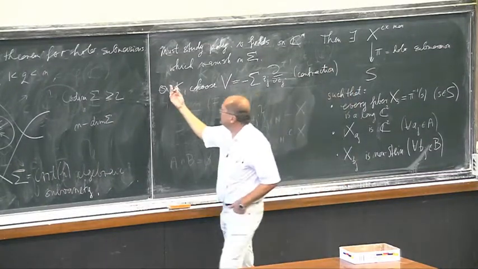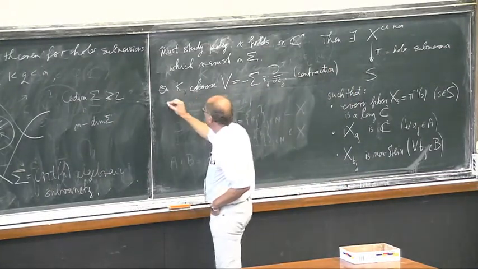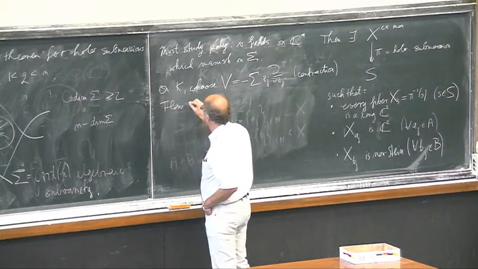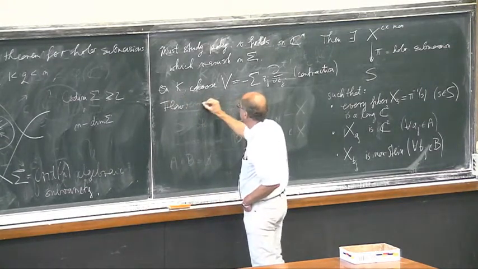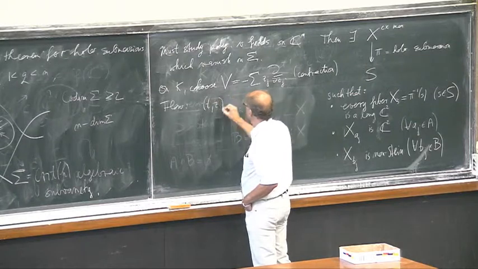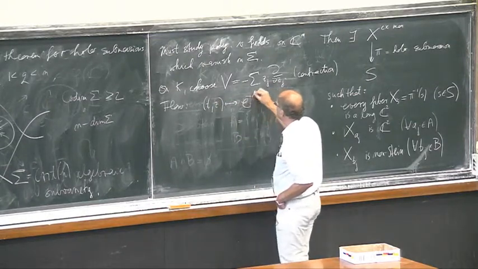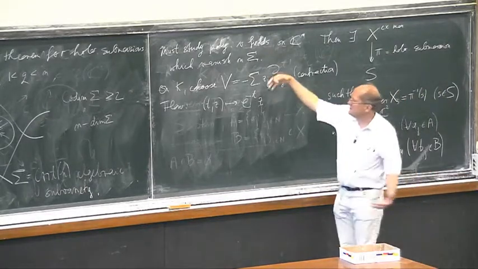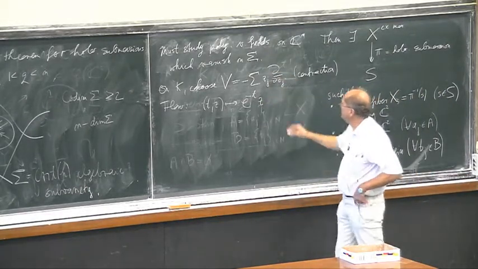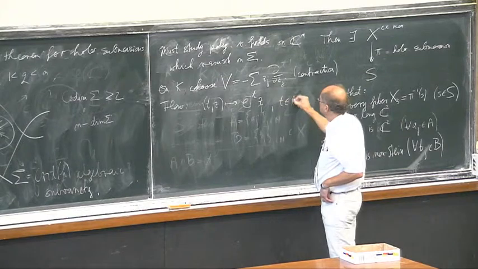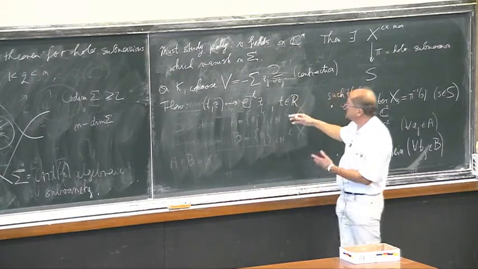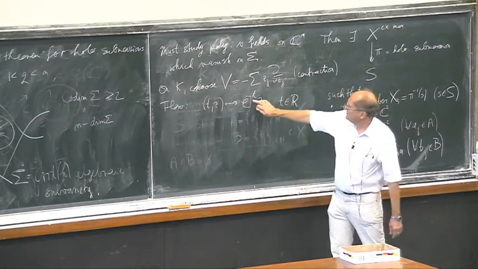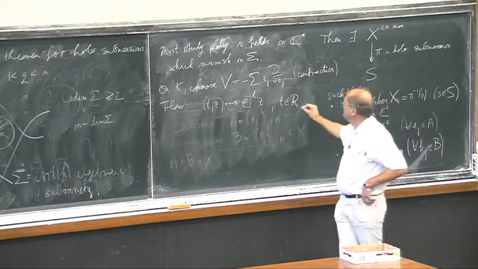Okay, so on K or near K. And then its flow is that z is mapped to e to the minus t times z. If you integrate this equation, you just get this flow. So you're contracting with this exponential factor. I'm just interested in the positive real time. So as time runs, you can squeeze it.